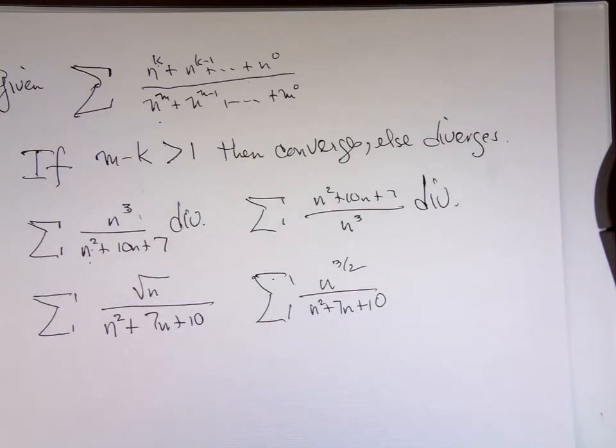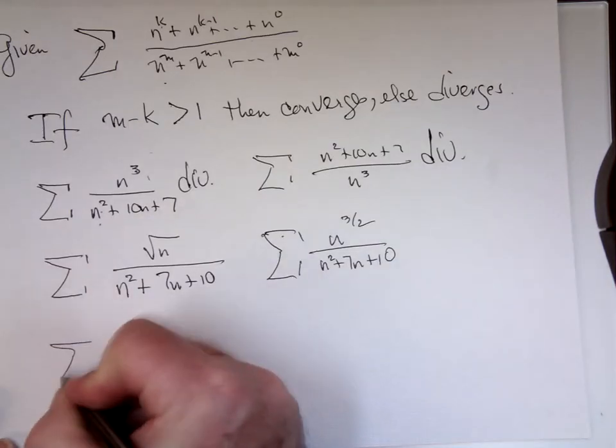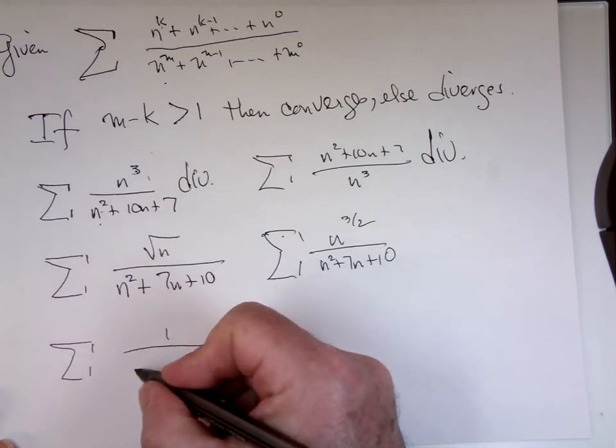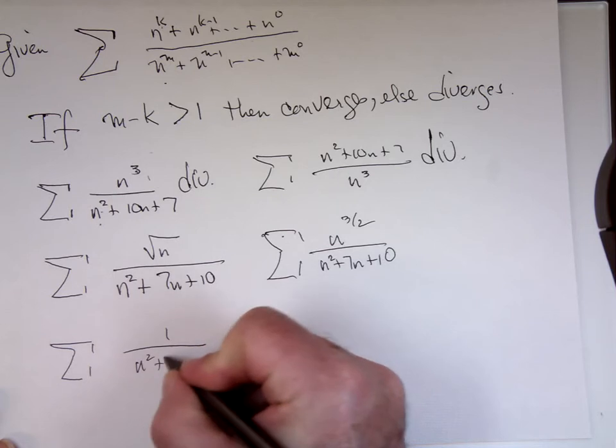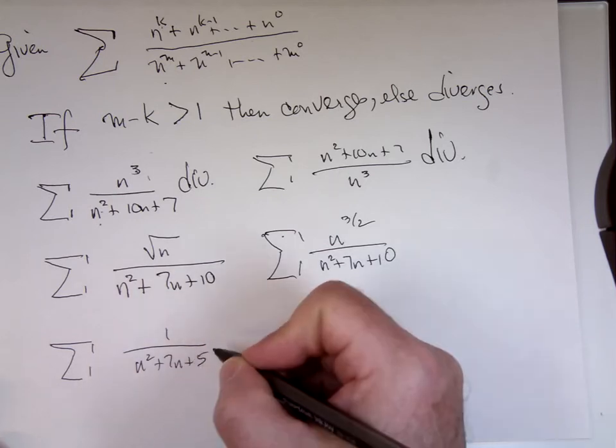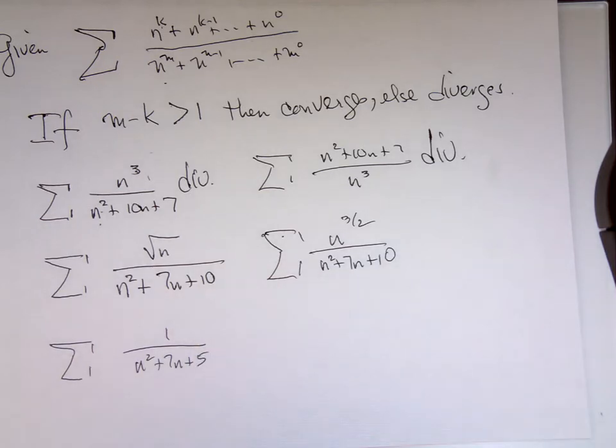What if there is no n, like say on the top? Can you still use this? Yeah. What do you want down here? N squared plus 7 plus 10 plus 5 minus 7. Converge or diverge? 2 minus 0, is that what it is? 2 minus 0, that's exactly what it is.